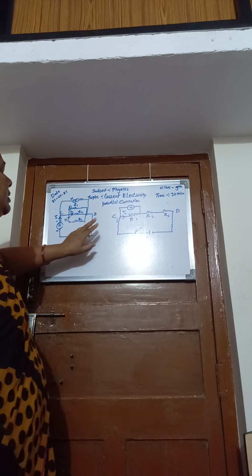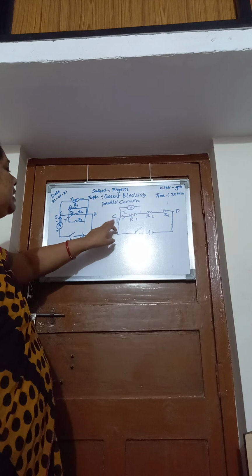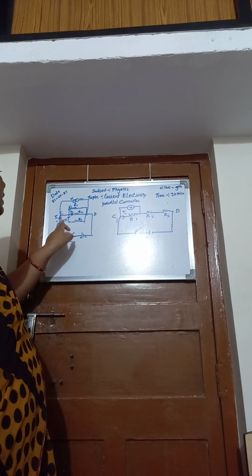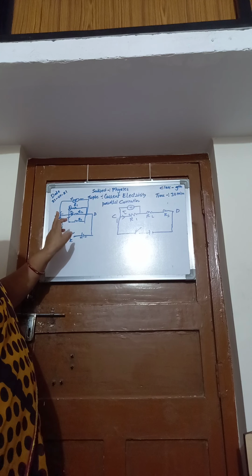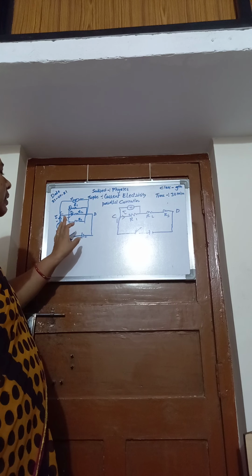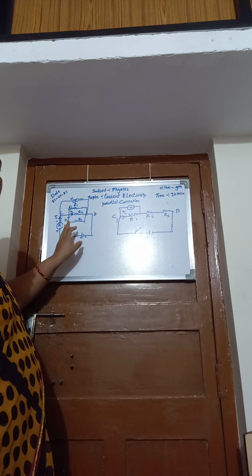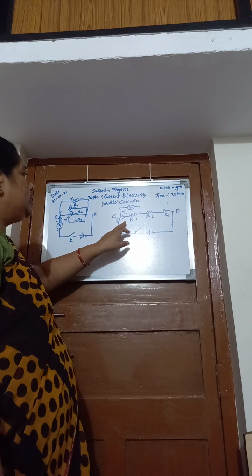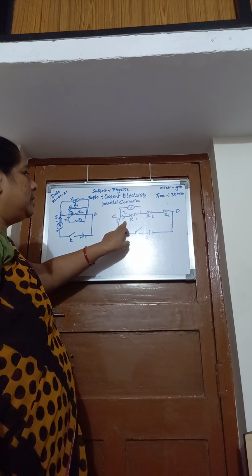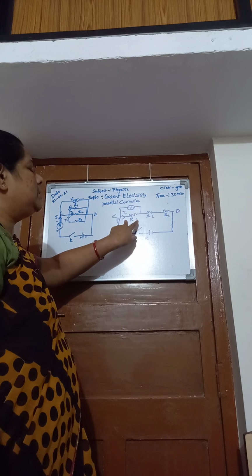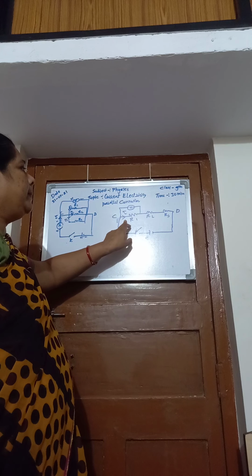In series connection, I is common for all three resistances, and in the parallel connection there is no common I. There are different currents flowing through the circuit. In series connection, the voltage across all three resistances will be different.